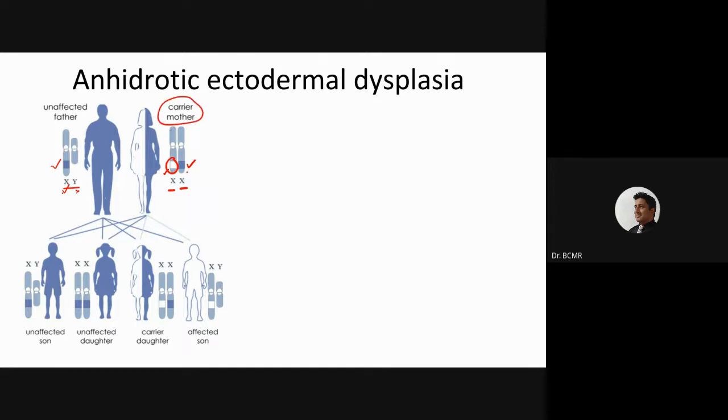If these two give rise to children, as long as they inherit the X chromosome with the functional gene for the sweat glands, they would be unaffected, like in this case. If a male gets the defective X chromosome from the mother, then his whole body will have no sweat, be full of dry skin, and have cracks developing, and usually they do not survive until youth.